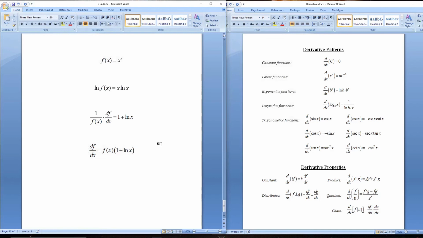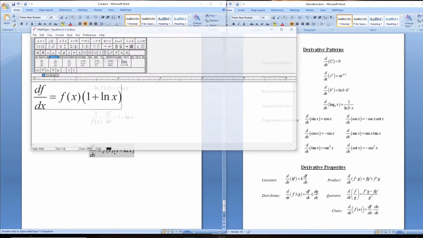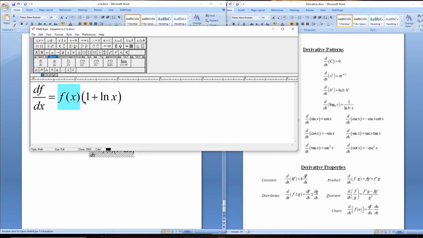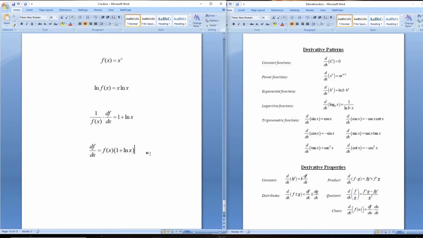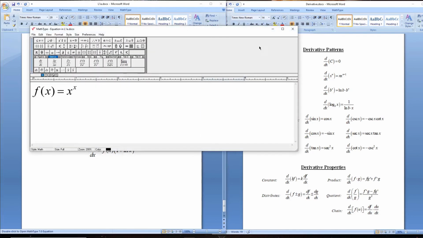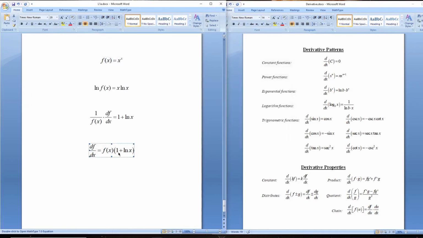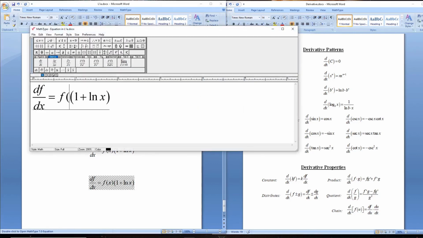And we're done. The last thing we need to do is determine what is f of x. Well, that was given in the starting the problem. F of x is x to the x. And so our final answer here then is that.